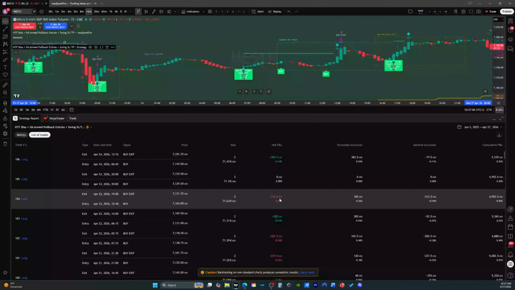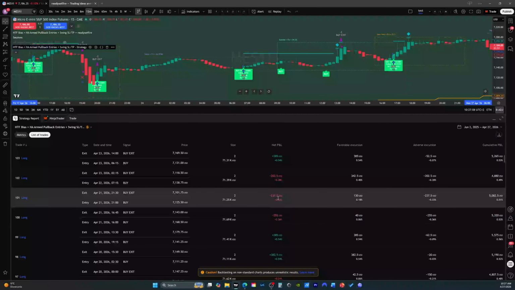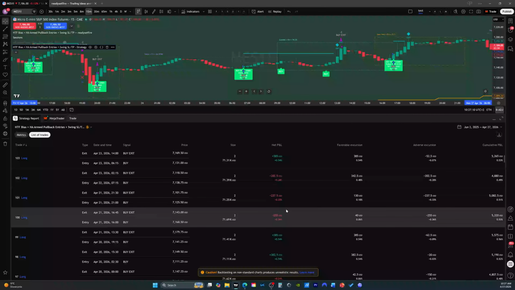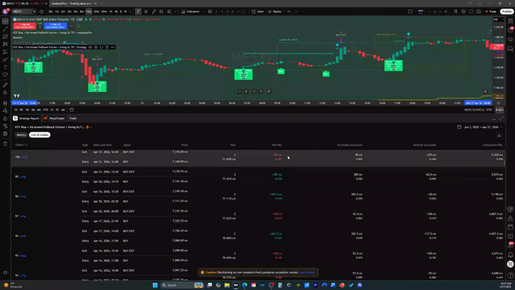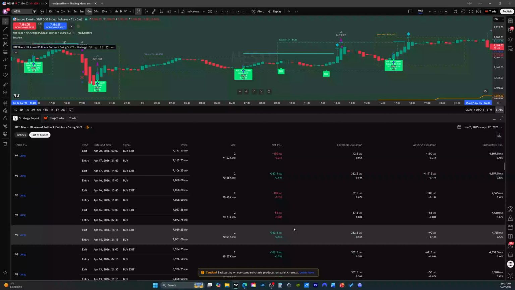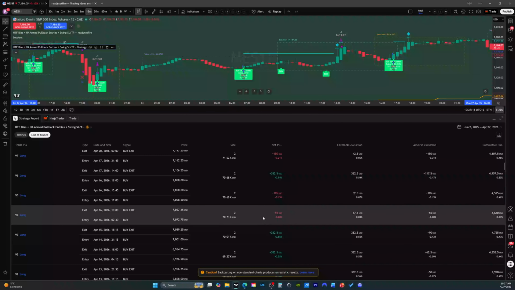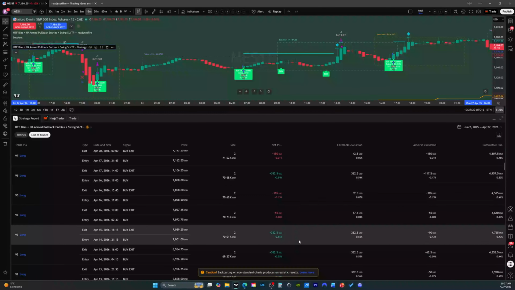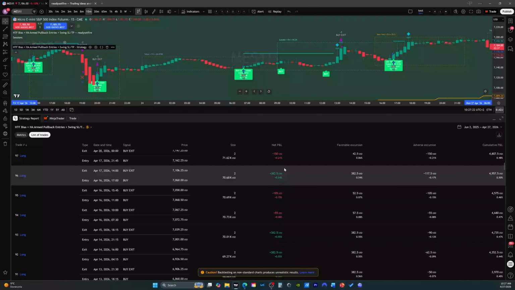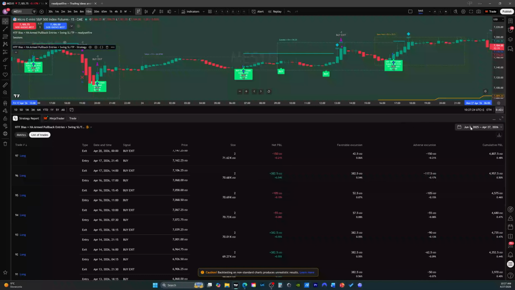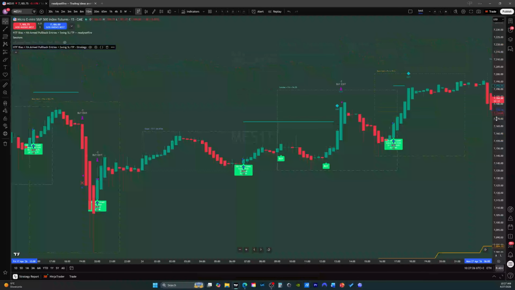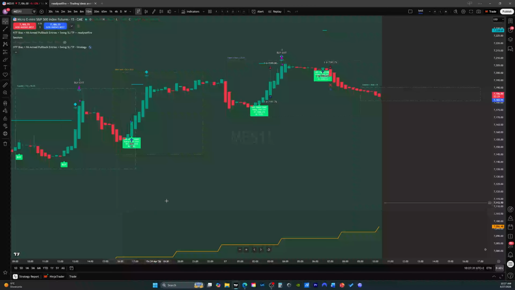Also, this is with the stop loss placed kind of arbitrarily, a little farther down on the strategy itself.